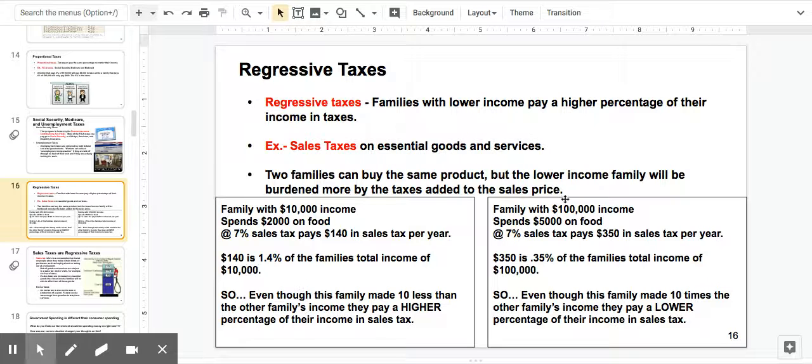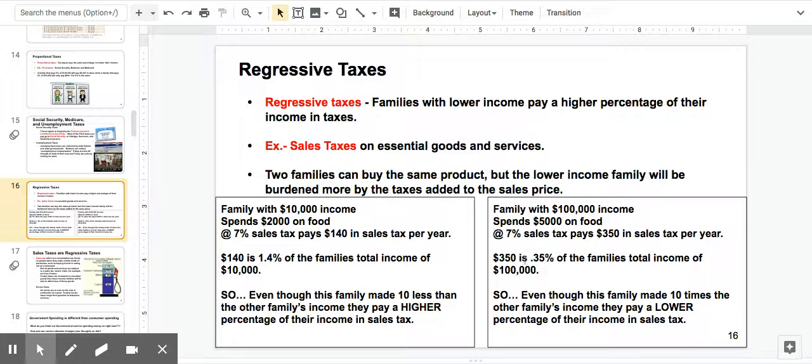On this side, a family makes 10 times their income, $100,000. They spend more on food, more than double on food, and then also pay that 7% sales tax. So you'll notice they actually pay $350 a year in sales tax, while the family over here only paid $140. But remember, we're talking about the percentage of the family's income.